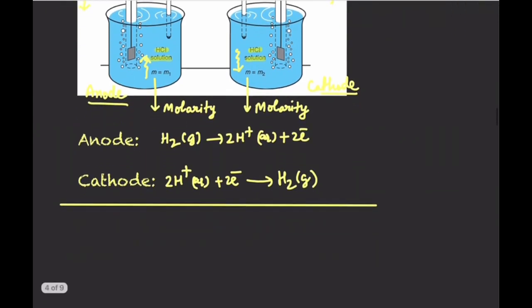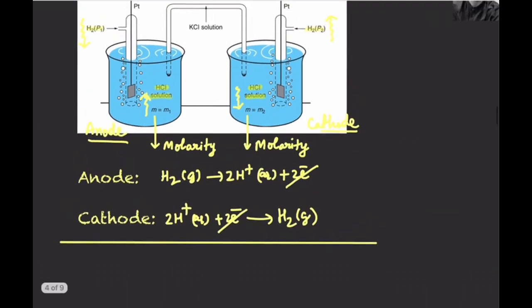So if I write the reaction quotient of this overall reaction, we can cancel out the electrons, since in this the pressure of hydrogen gas in anodic and cathodic compartment is different and the concentration of H plus ion in anodic and cathodic compartment is different.